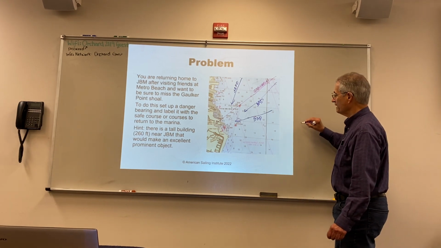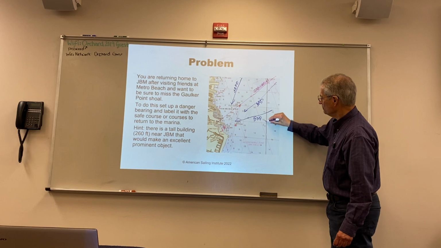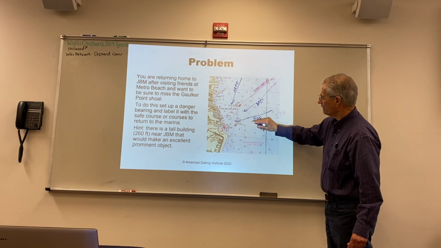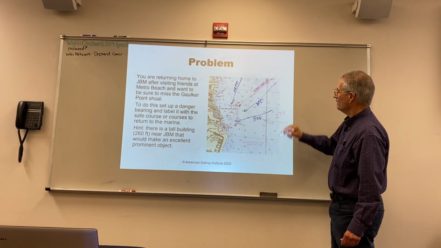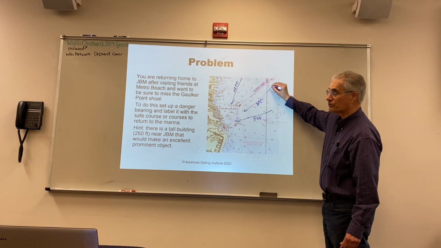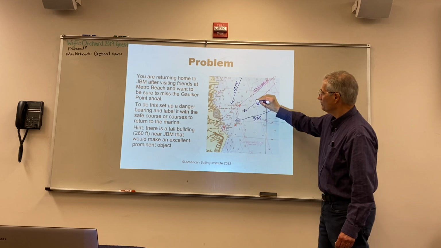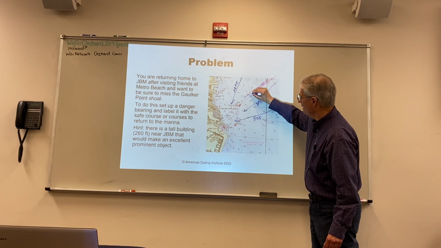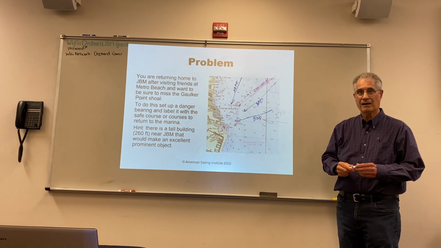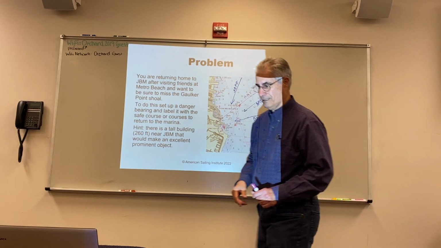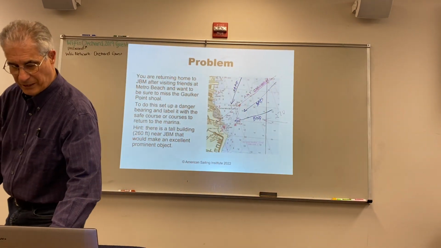Because if we're coming in at 270, we're gonna cross right over the shoal. So we don't wanna go more than 238, 240. Does that make sense? Yep. Okay, so it would be not more than. All right, so that's your danger bearing.